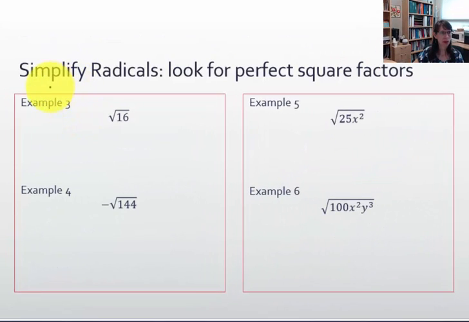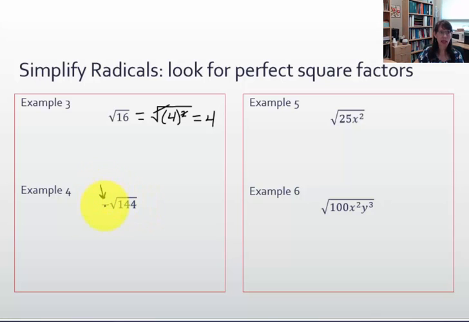In example 3, we have the square root of 16. You might recognize that as the square root of the quantity 4 squared. So to undo the squaring with the square root, we end up with 4. In example 4, now we've got a negative. Since the negative is outside of the radical, we read this as the negative square root of 144.